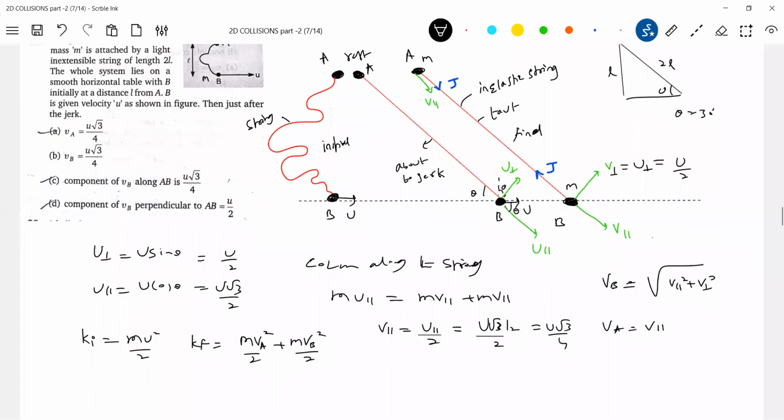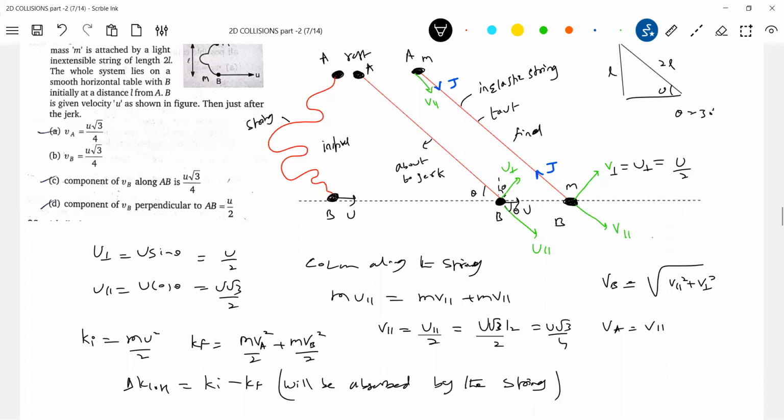So the loss in kinetic energy, delta K, Ki minus Kf, will be absorbed by the string. You have to be very careful about these conceptual things. The heat generated will be absorbed by the string.